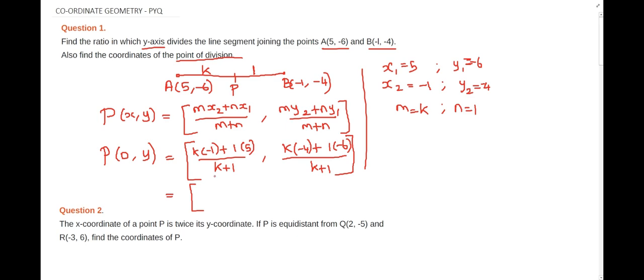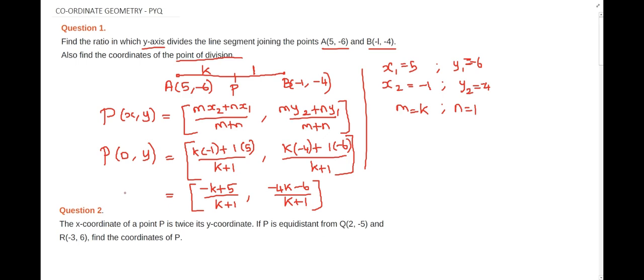Now you have to multiply and simplify the terms. So (-k + 5)/(k + 1) and (-4k - 6)/(k + 1).